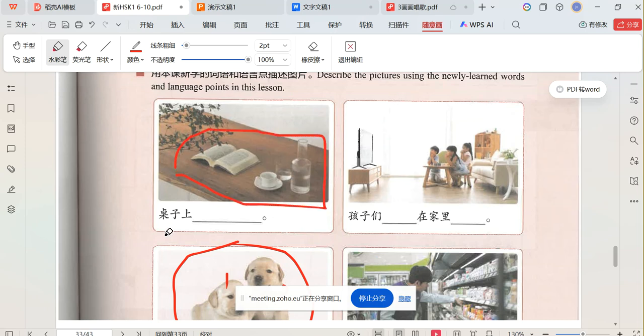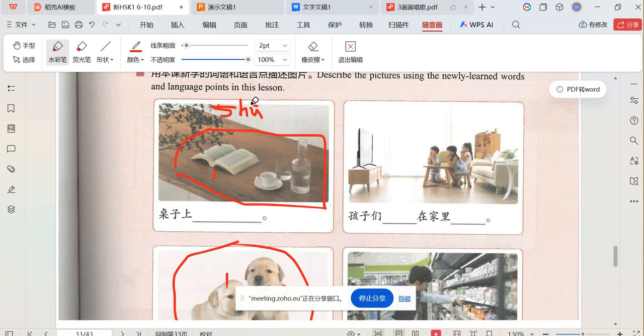桌子上有什么？One book. And some water. Book is 书, right?